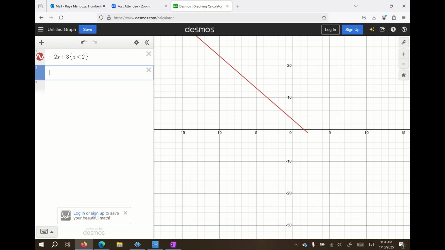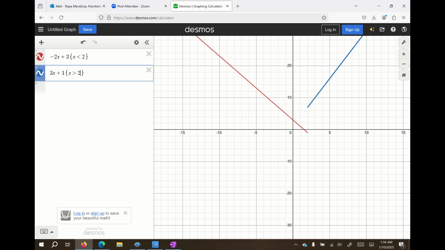For our second piece, our 3x plus 1, that's our second line. And I'm going to tell Desmos to only use x values that are greater than or equal to 2. Now, technically, you could use a strict inequality, x greater than 2, because it's convenient for me because the greater than button is on my keyboard.